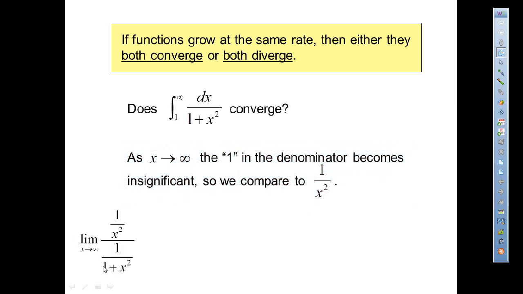So we could do 1 over x squared over 1 over 1 plus x squared. And then we can, of course, keep change flip, and we get 1 plus x squared over x squared. Divide that into both parts. We get 1 over x squared plus x squared over x squared, which is 1.